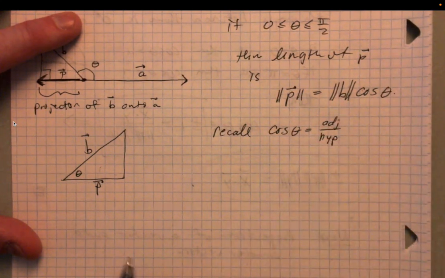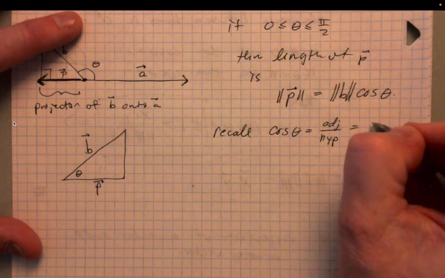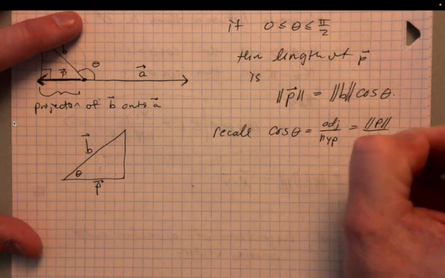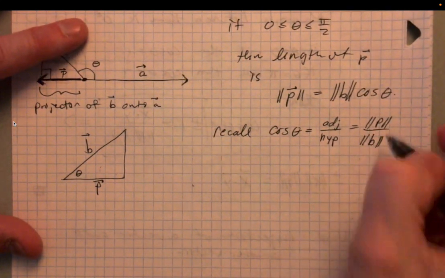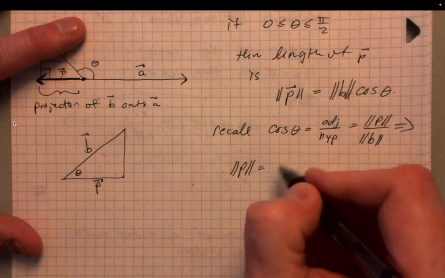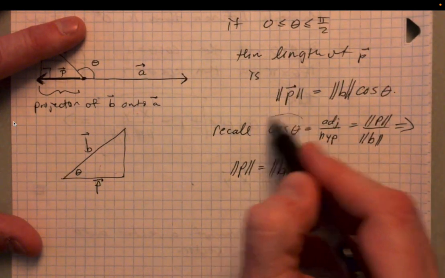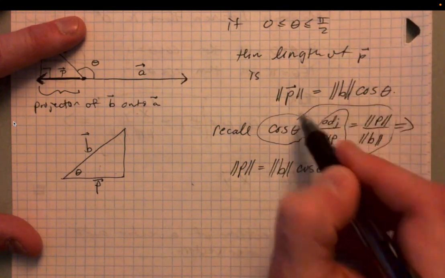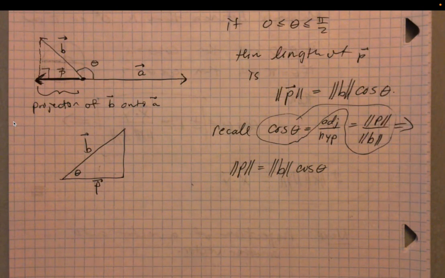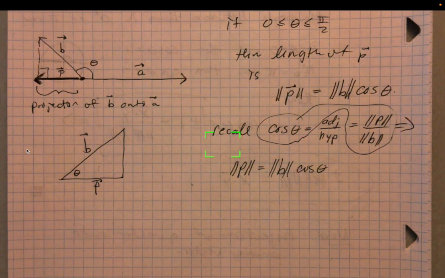So if this is theta, then the adjacent side is P, and the hypotenuse is B. So this would be P over B, and then it's just a quick algebra trick to say that the norm of P must be B times cos theta. Basically, thinking of this equation here, multiply both sides by B, and you get what you need. So that tells us the length of P in terms of theta and B.